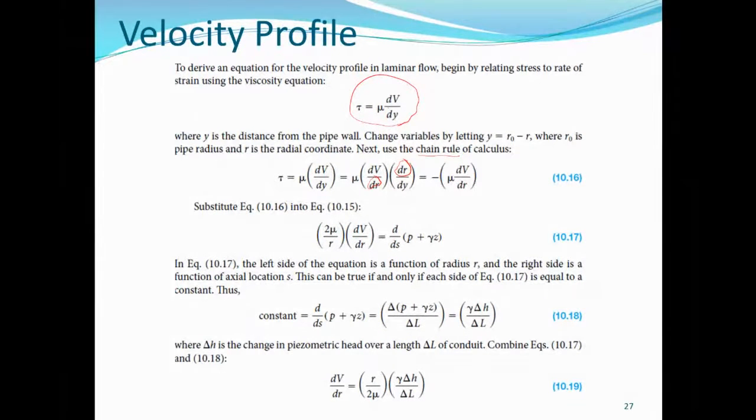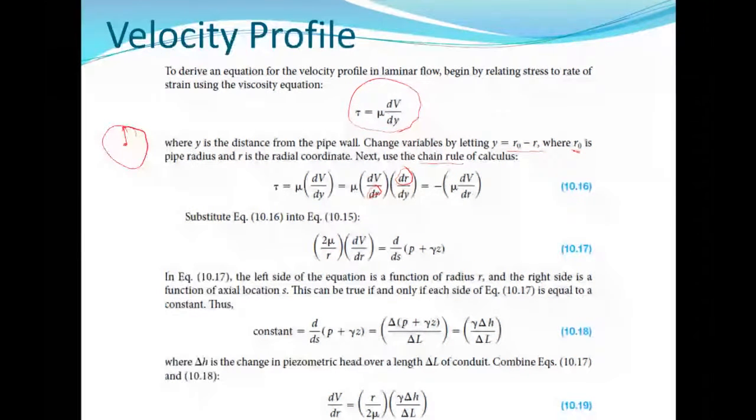We haven't done anything yet. Then we let y be r naught minus r, where r naught is the pipe radius, that's the total radius, and r is the radial distance.